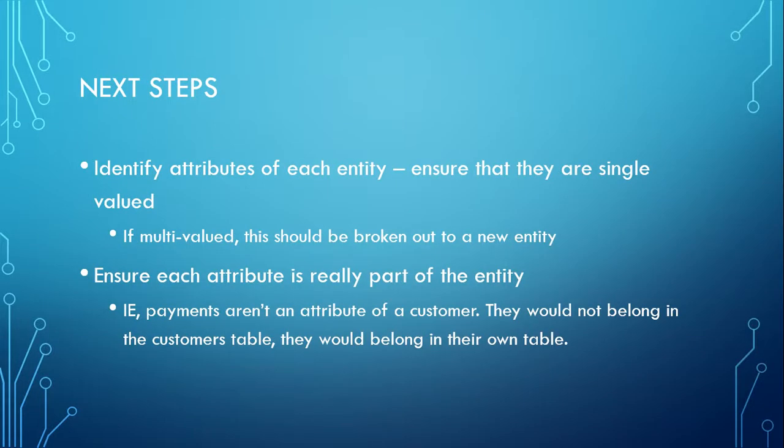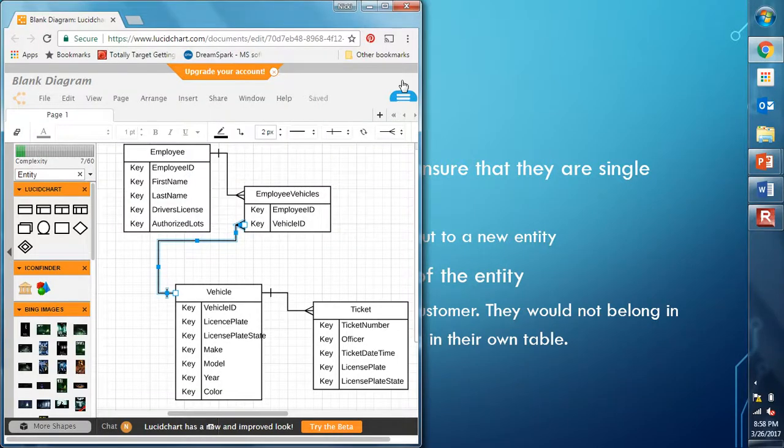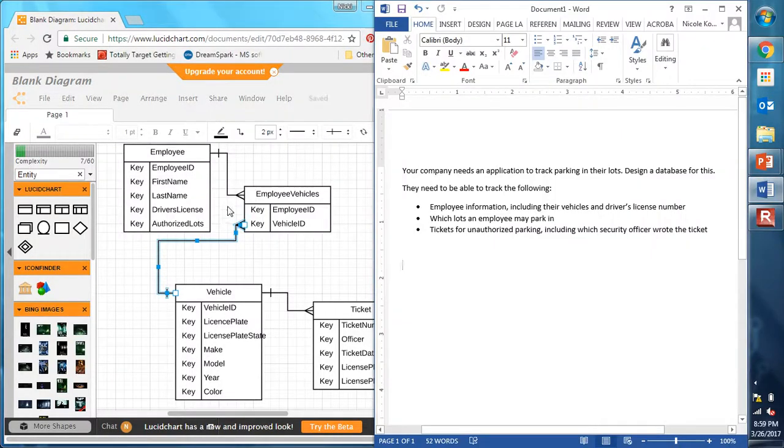Next thing, we want to identify the attributes. We did that. We're good. Are they all single valued? This means, do we only store one thing in them? If not, it needs to become its own entity. So let's take a look at this again.